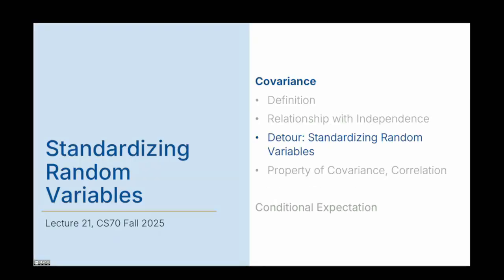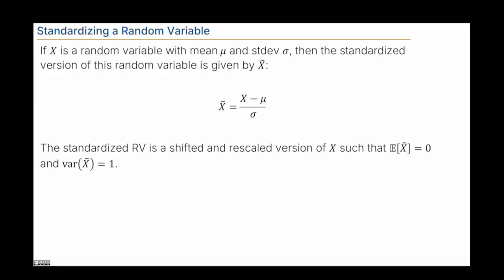We're going to get to correlation soon, but before we do that, I want to introduce a handy notion called a standardized random variable. You use this all the time, though you don't call them random variables.